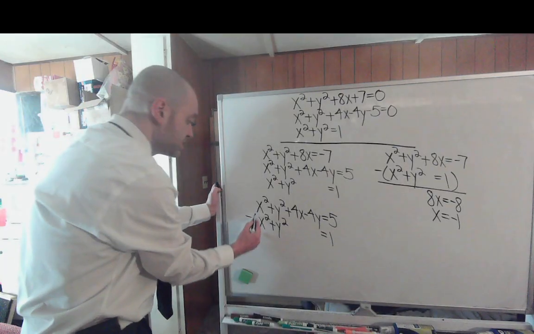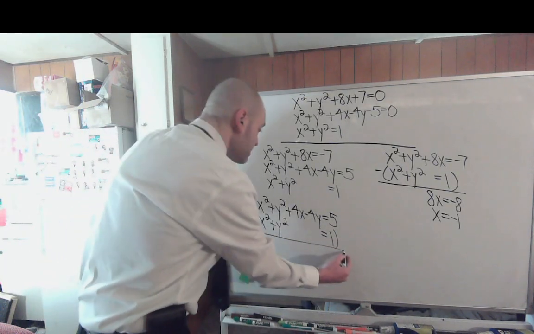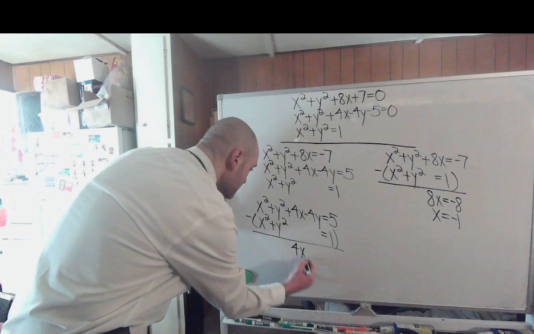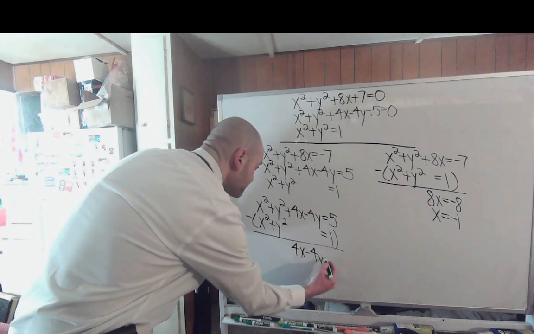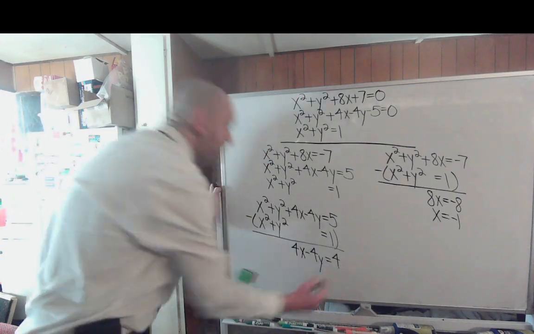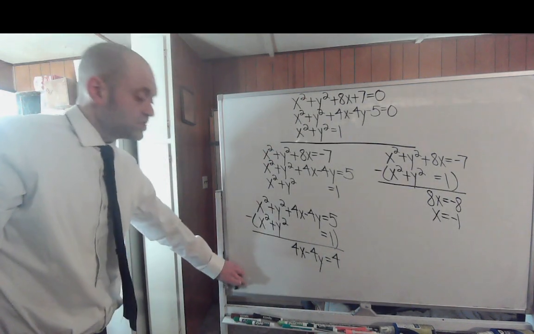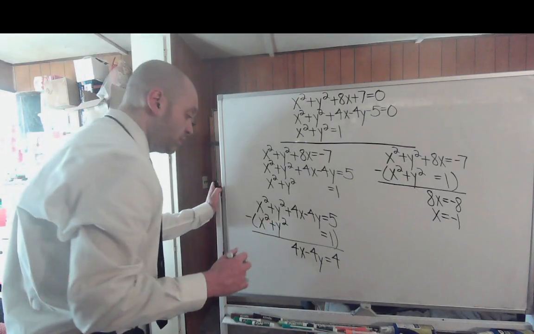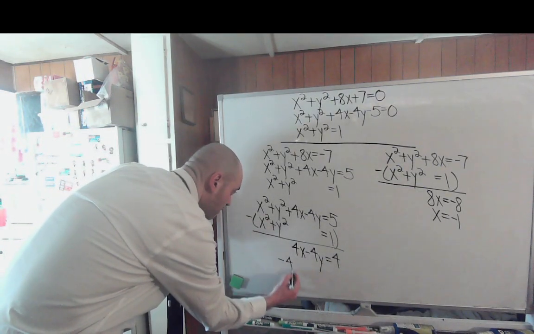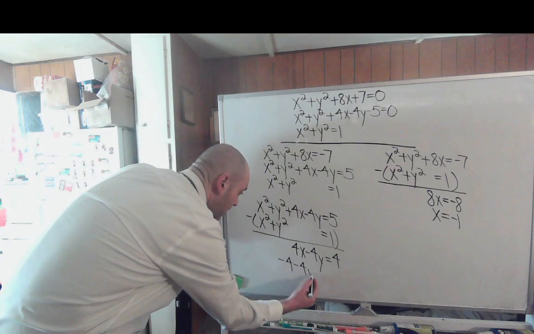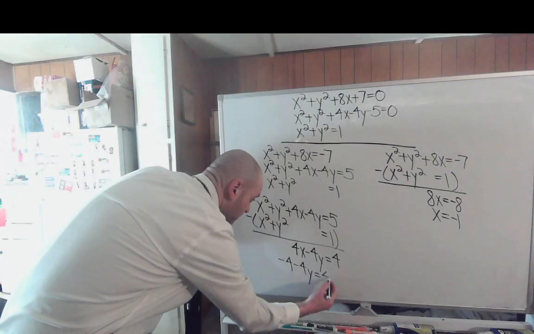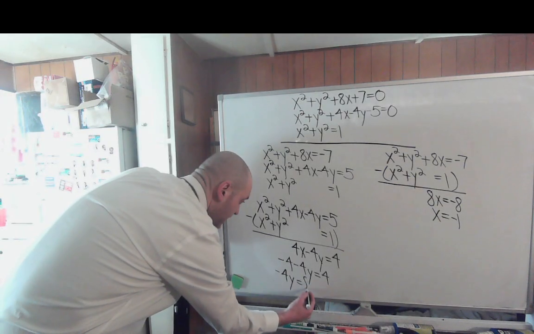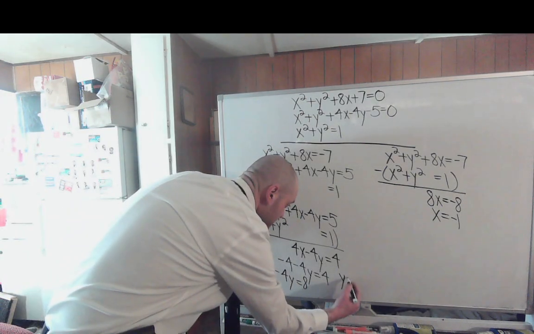So if we use elimination, again, notice we can eliminate the quadratic terms. You'll just end up having 4x minus 4y is equal to 4. Alright, so let's go ahead now and put in that x value of negative 1. So you would end up getting negative 4 minus 4y equals 4, which would give you negative 4y equals 8, which would look like y equals negative 2.